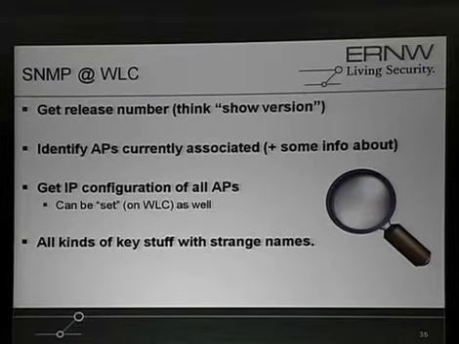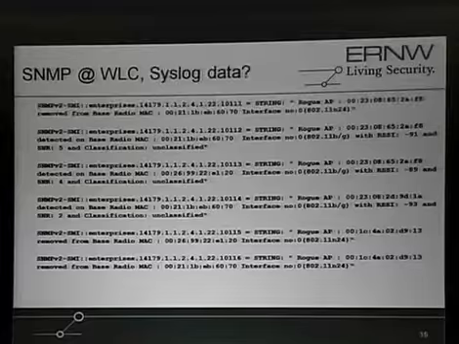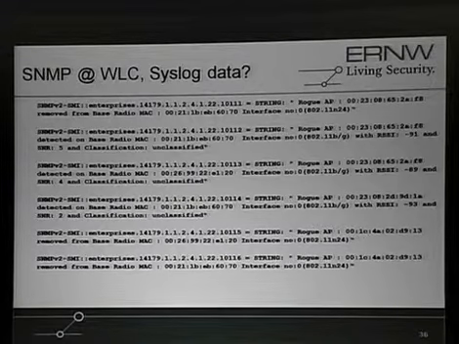Still, we can tell you, in deployments we have seen, public and private is present, as people are happy to get overall stuff running, and they don't care about SNMP communication which is needed between the WCS and the WLC. There is all kinds of interesting stuff that can be found: release numbers, identified IPs, all kinds of strangely named key stuff that has to be investigated further on.